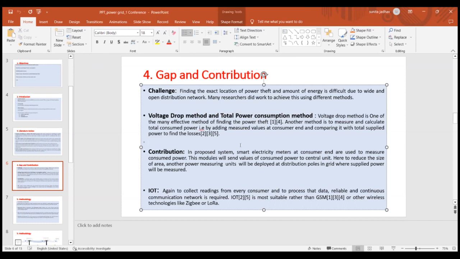These meters send the values of consumed power to the central unit, and to reduce the size of the theft area, we use another unit at the pole. Also, the third unit is at the distribution system. The power consumption at the three units is compared, and ultimately we can find the location. In this system we use IoT instead of GSM or other wireless technology.